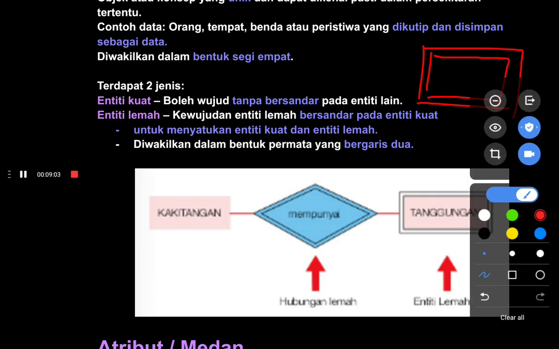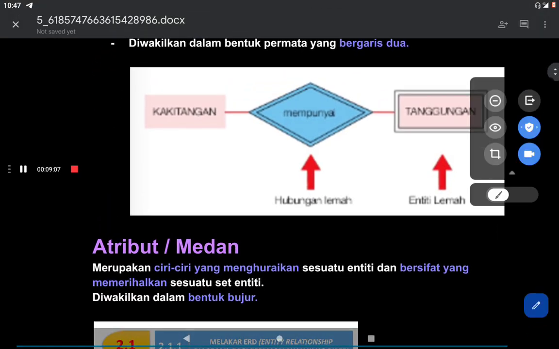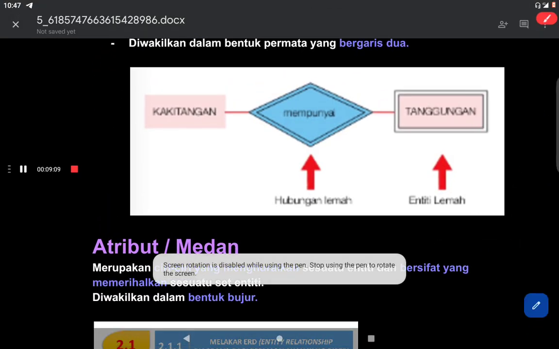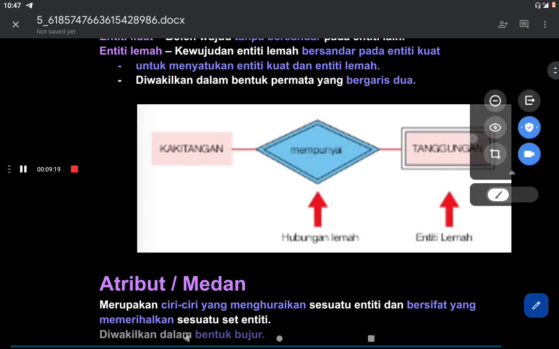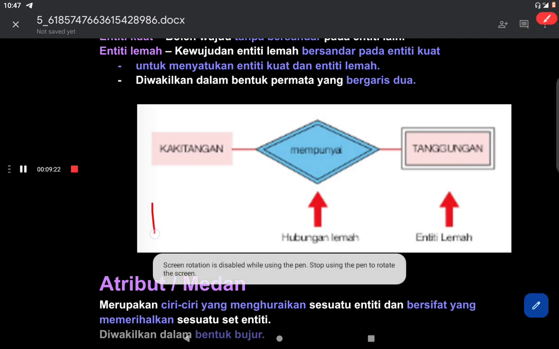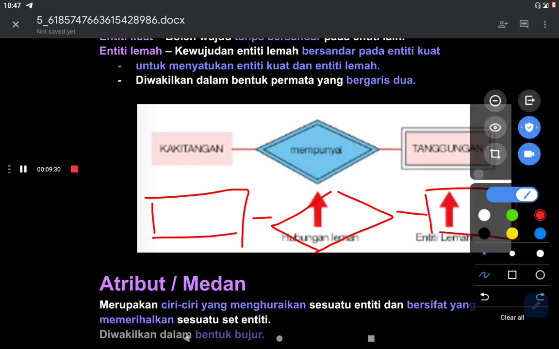And also here you can see why they say it's hubungan lemah, because it's double. Again, to be honest, everyone, we won't do this. At least I can say I won't. If with me, I will just go as basic as this. That's it, that's for me.